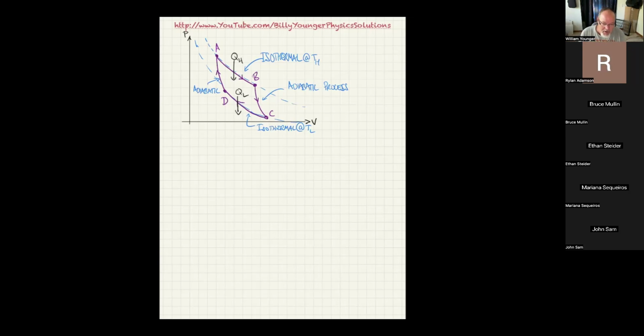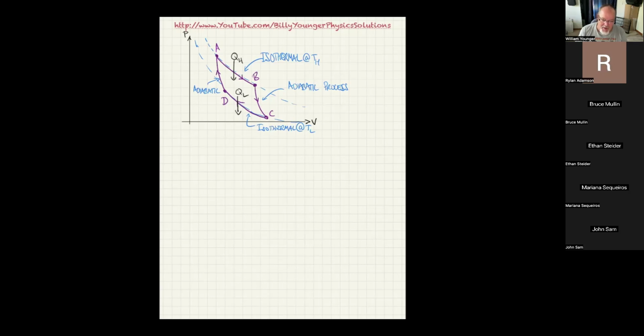So since you start back at the same state, you can do it again and again and again, and that's basically what's going on. So you can sort of imagine A to B as the piston, when the gas comes in and the piston expands, the size of the cylinder gets bigger because the piston pulls back and opens the volume up. That low pressure can sort of be thought of as sucking the fuel-air mixture in, and then it's going to continue to expand a little bit more in the adiabatic process.